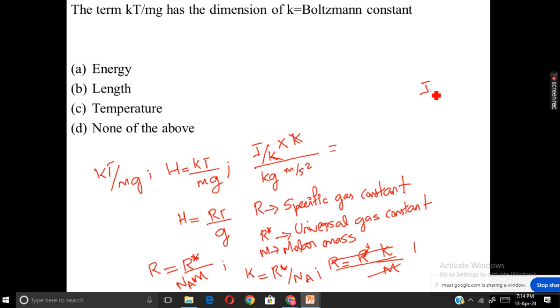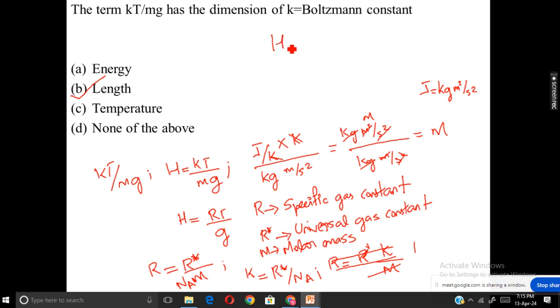Joule is energy, the same dimension as force times length, so kilogram meter square per second square, divided by kilogram meter per second square. Kilogram will go, and it will be meter. This is basically length. The scale height will have a dimension of length.